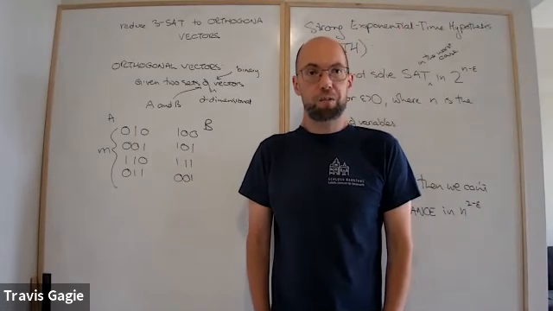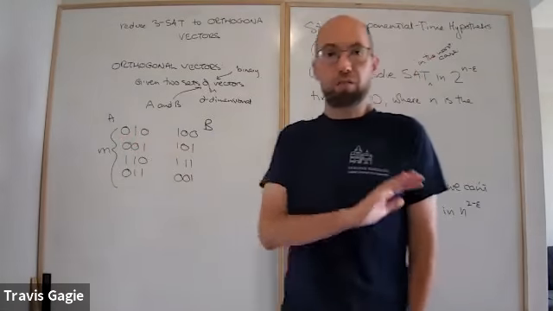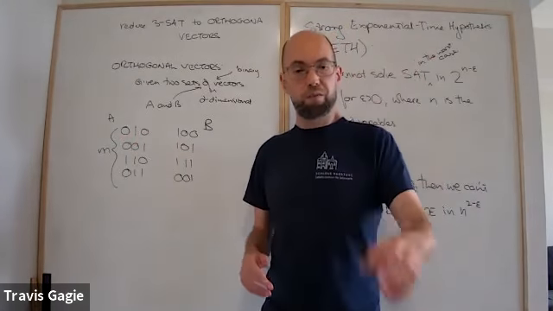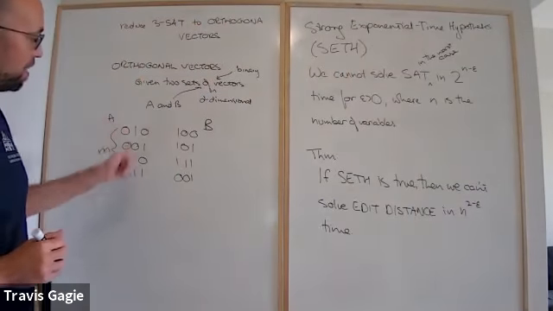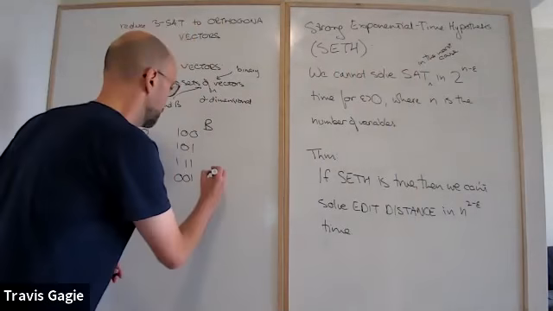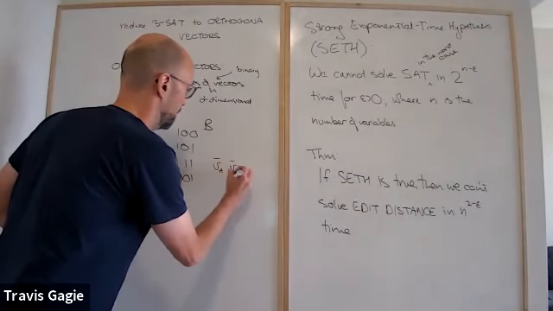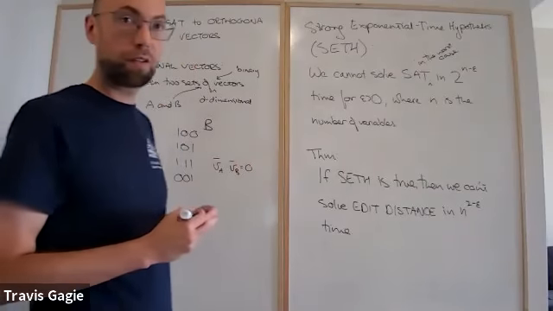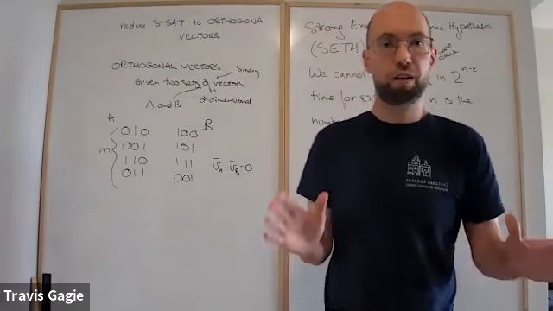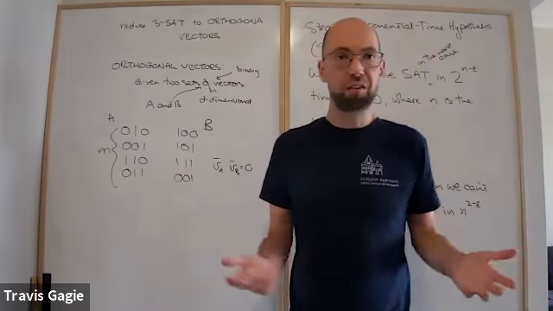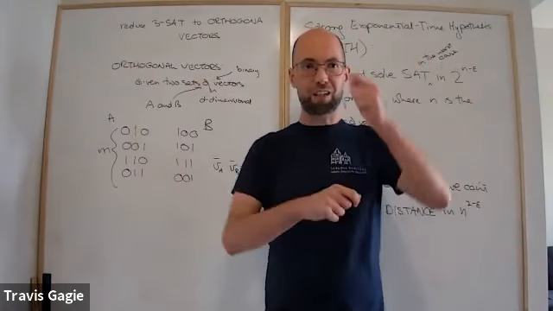Can you pick a vector V sub A in A and a vector V sub B in B such that V sub A dot V sub B equals 0, so they're orthogonal? You check every vector in A and every vector in B, a pairwise thing.